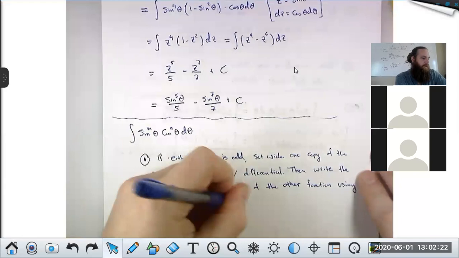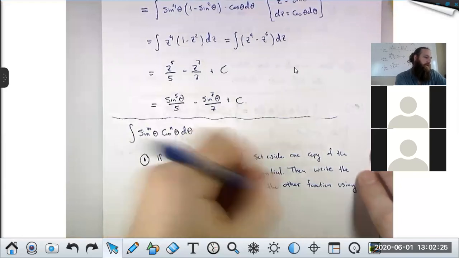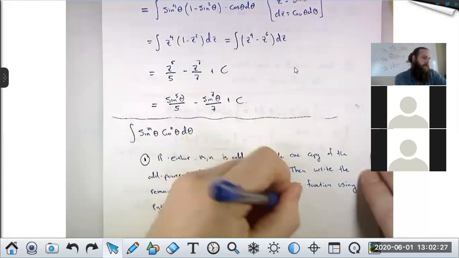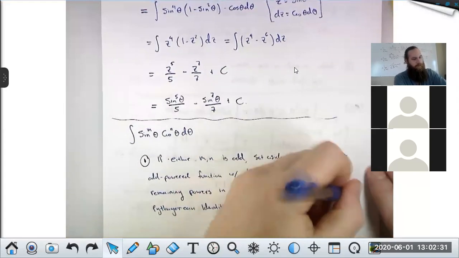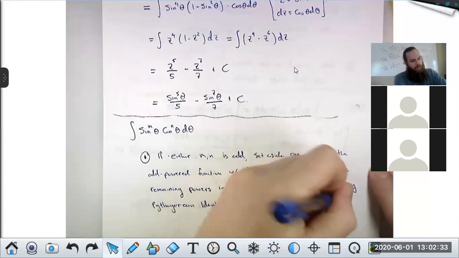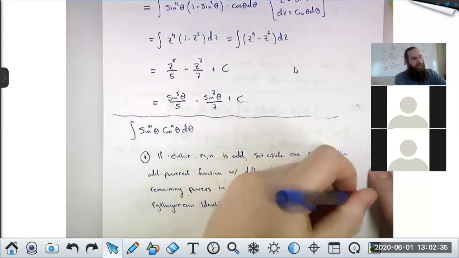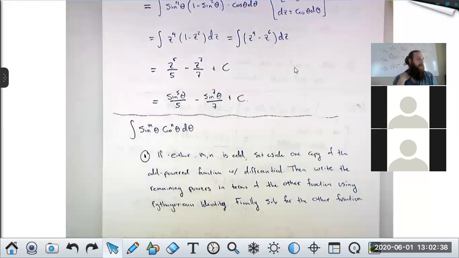Finally, substitute for the other function. So this is our strategy for dealing with these guys, if at least one of the powers is odd.